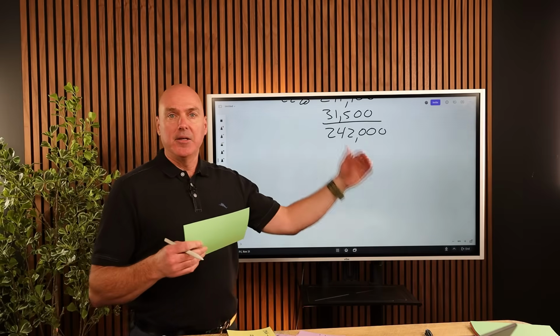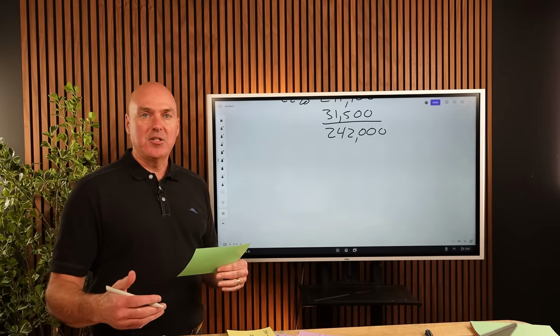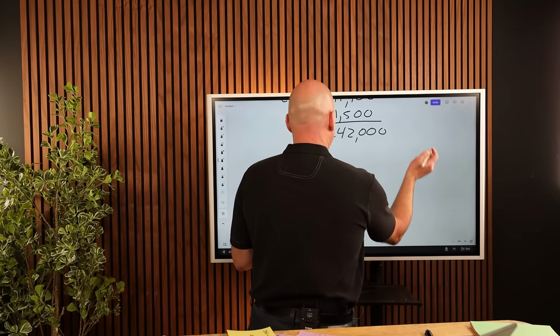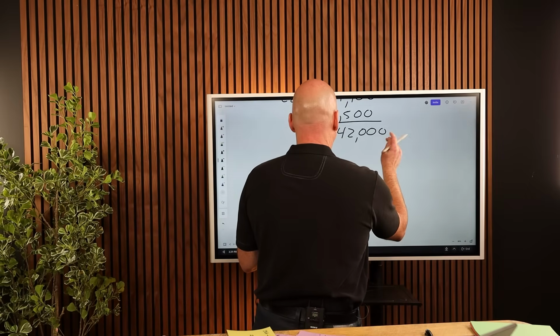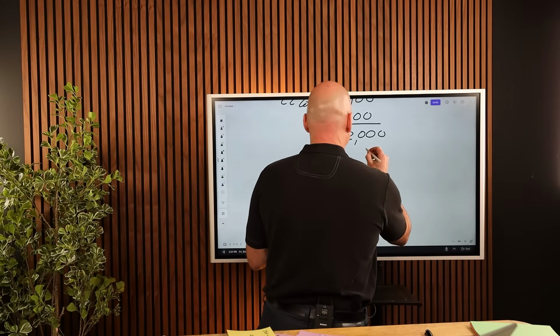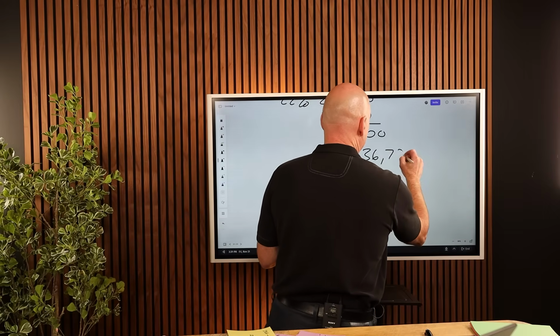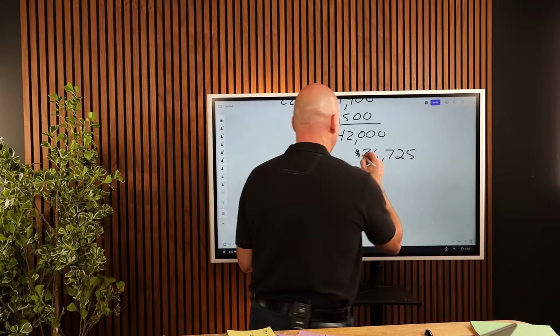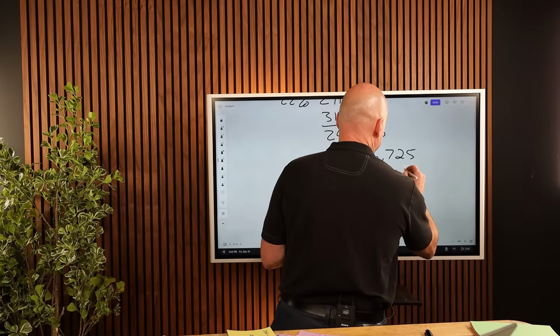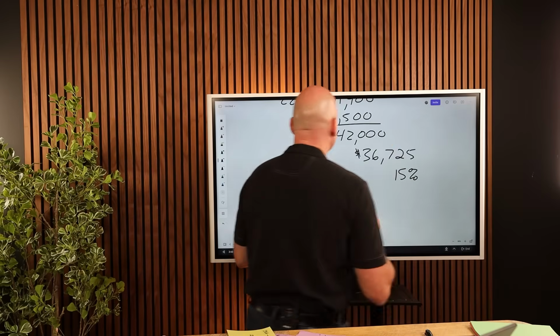So it's not a cliff like it is on the ACA subsidy or on the IRMAA penalties and things like that. So when we run that $242,000 through the tax bracket, it comes out to be $36,725 is our total amount of tax, and that represents an effective tax rate of 15%.